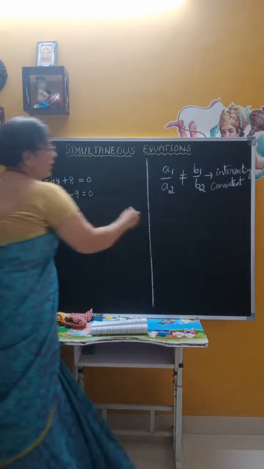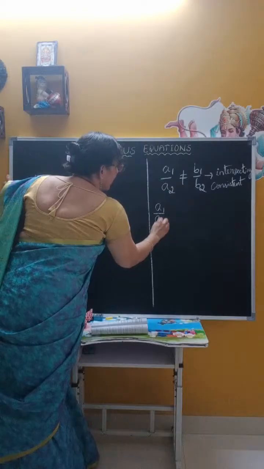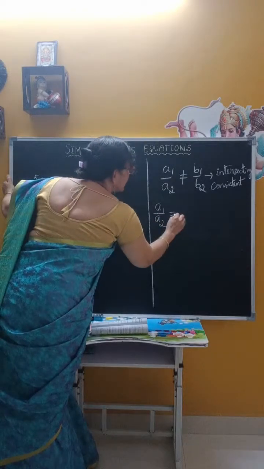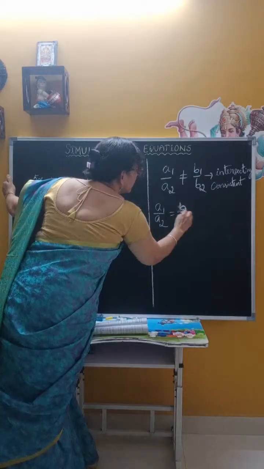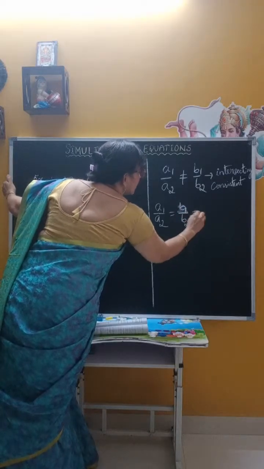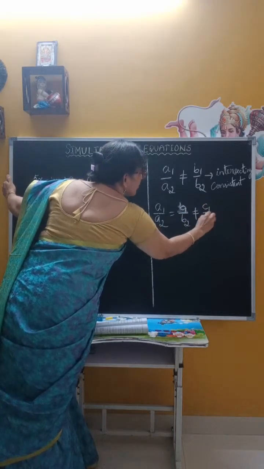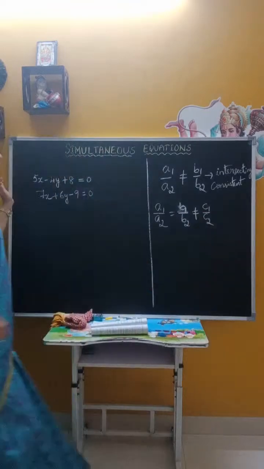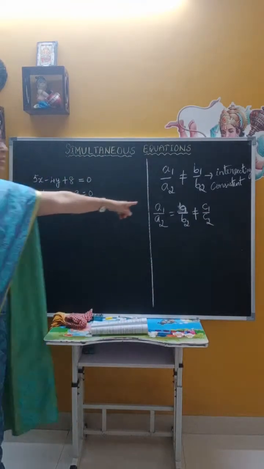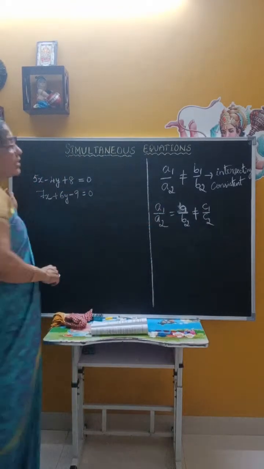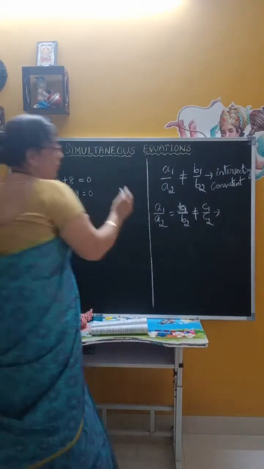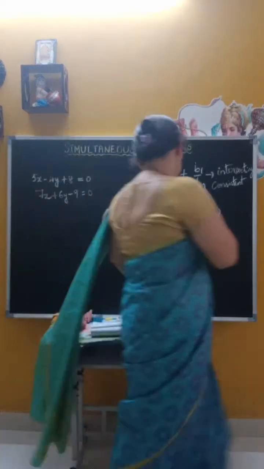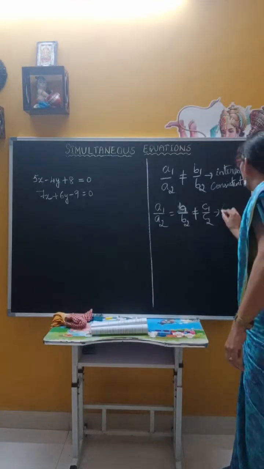Second case, if a1 by a2 is equal to b1 by b2 is equal to c1 by c2, and this condition is satisfied, the lines are coincident lines. Coincident means lying on one another.